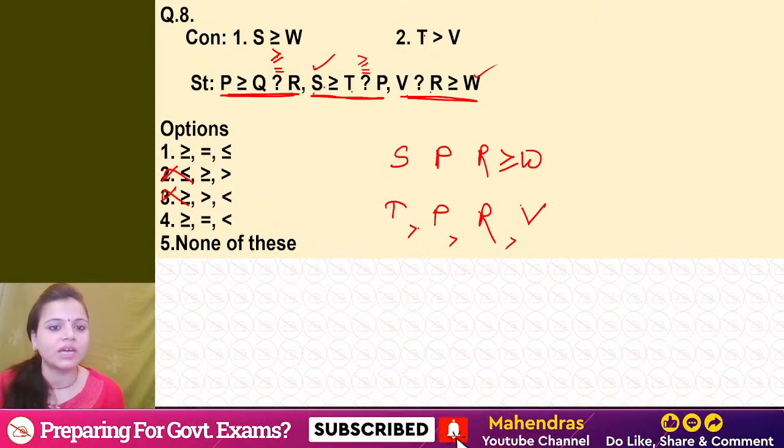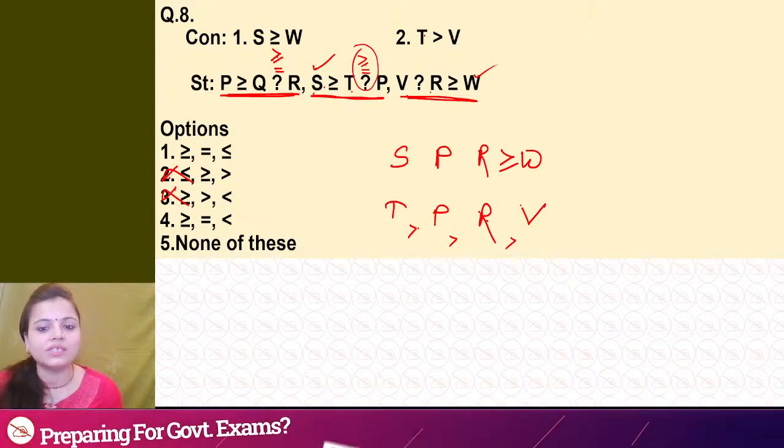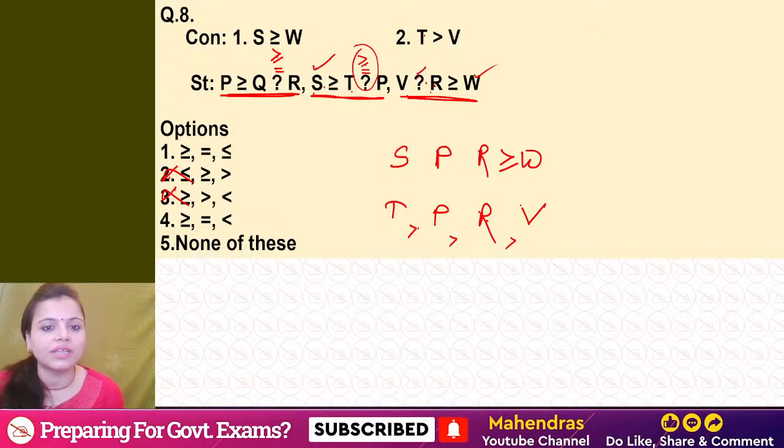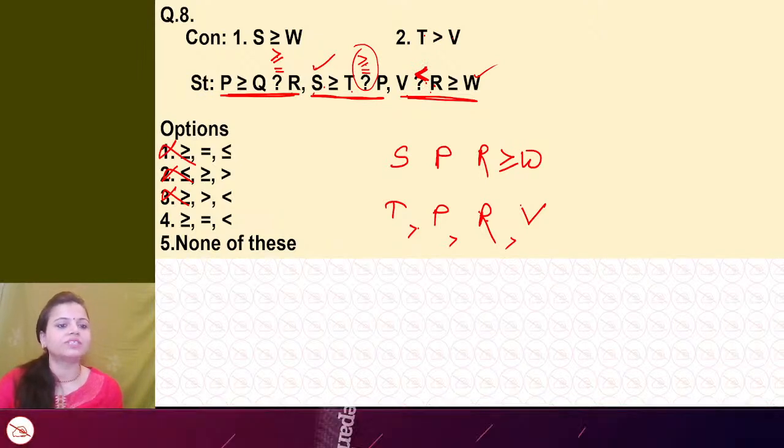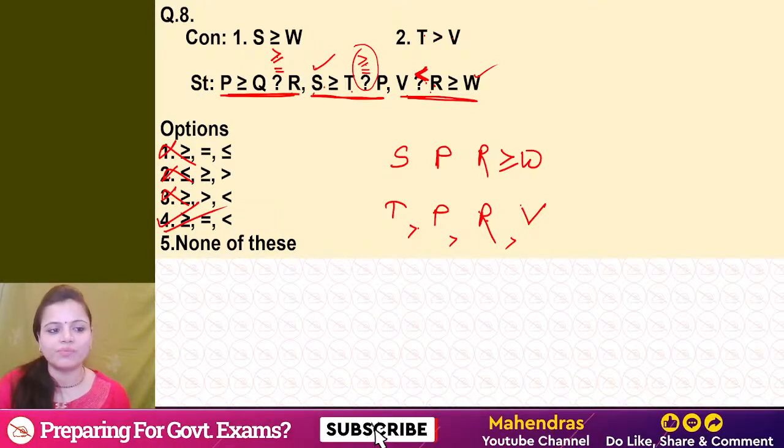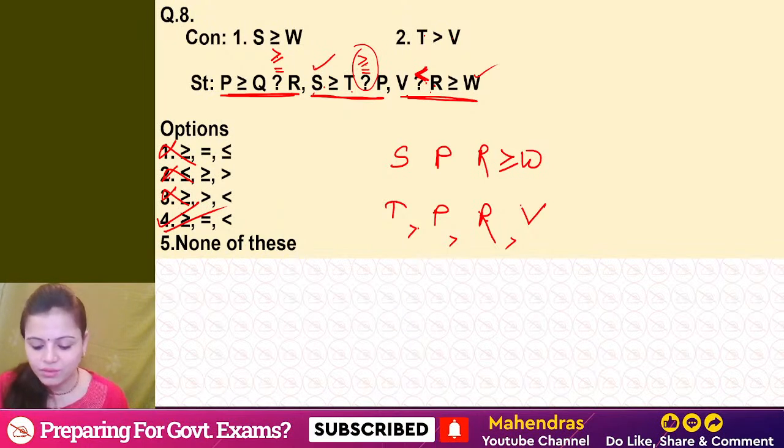T greater means greater family. And R greater than V means R greater. That means in this case again less family. You need less family. Okay, the first one is wrong. So again the answer is option number 4.